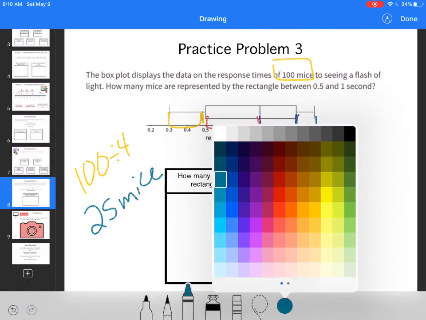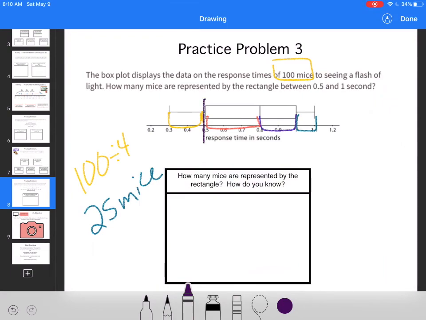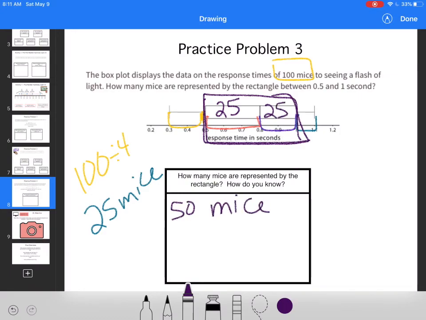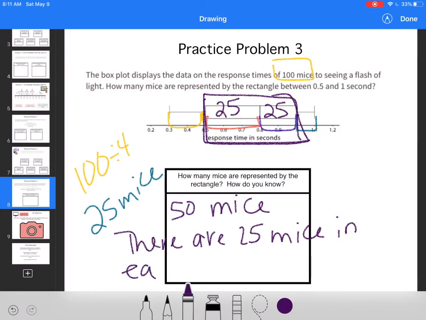So the rectangle between 0.5 and 1 is 25 and 25 mice, so that's 50 mice. How do I know? There are 25 mice in each part of the box plot.